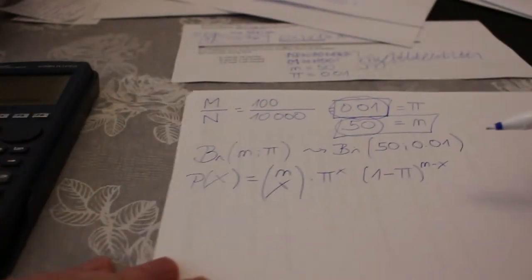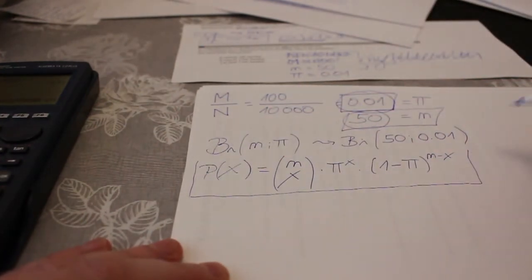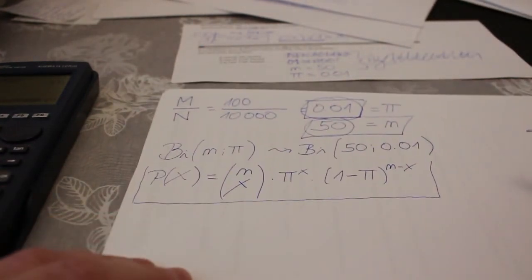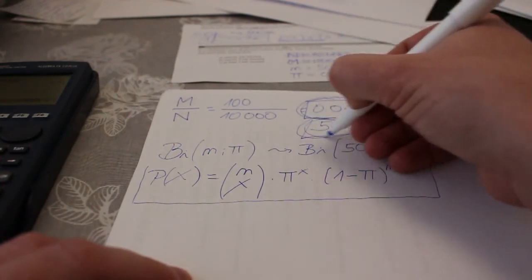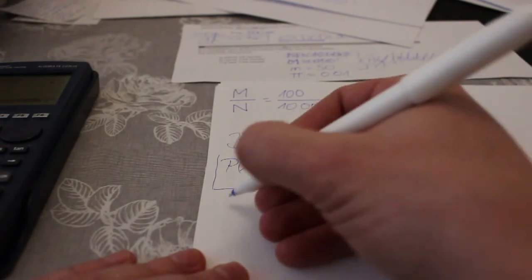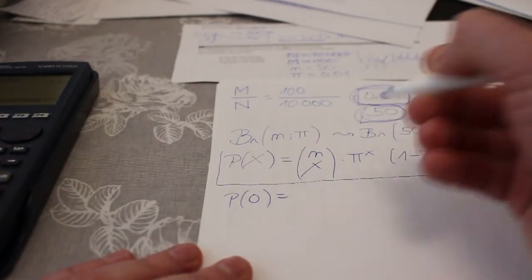So, according to this probability function, yes, I will use these 2 parameters, and I will calculate probability that I will find nobody left-handed in my selection.